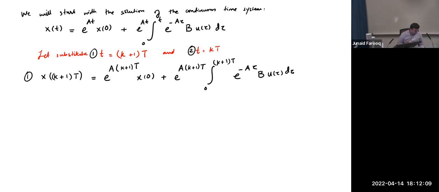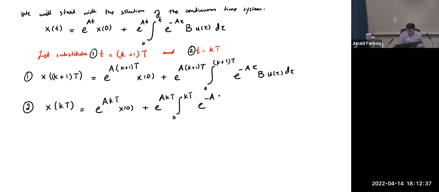And similarly, if we substitute t equals kT, we get x at kT equals e to the power AkT x of 0 plus e to the power AkT times the integral from 0 to kT of e to the power minus A tau B u of tau d tau.